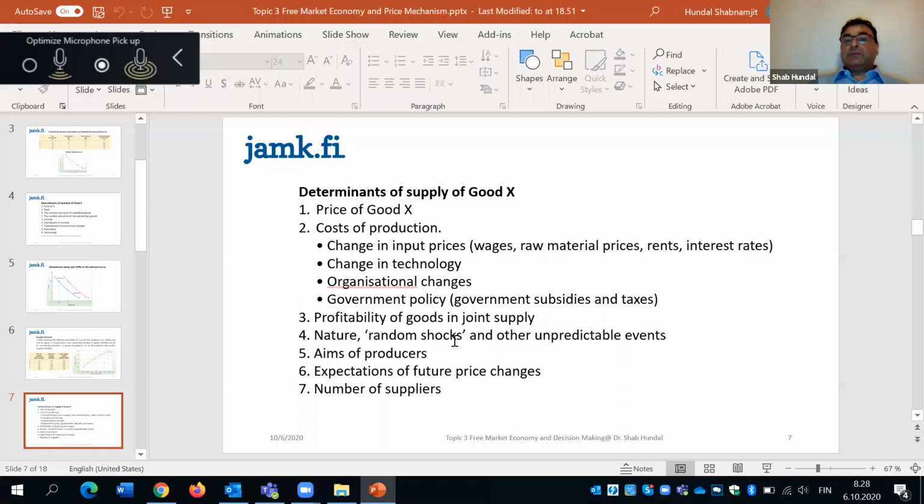The nature of random shocks could also matter. If the political climate in the country is uncertain, there is a probability that there are elections around the corner, and a high chance that the government which will come into power would not be very helpful to the producers.